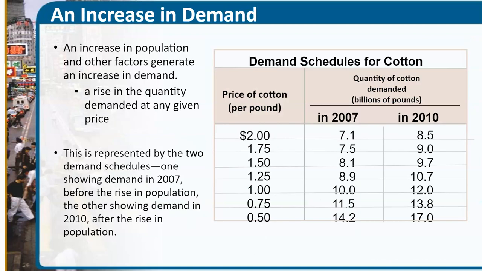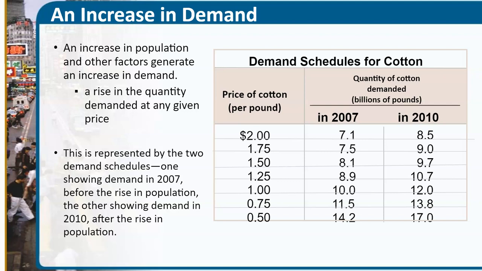Now, an increase in demand due to a population increase is something that will shift the curve. This is a good example of where the price stays the same, but the quantity demanded increases because there are more people demanding these products over the course of these three years. From 2007 to 2010, we can see there's a significant increase in population, and as a result there's a significant increase in the quantity demanded of cotton.